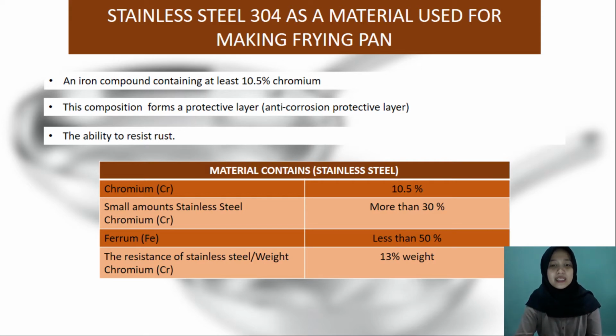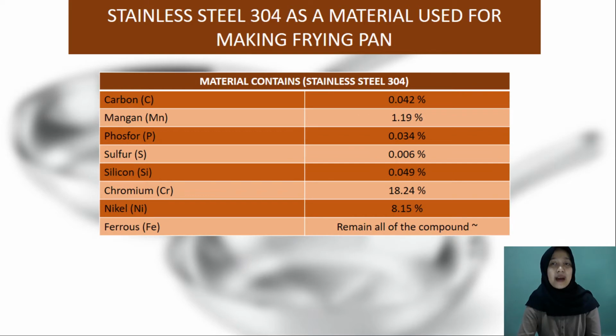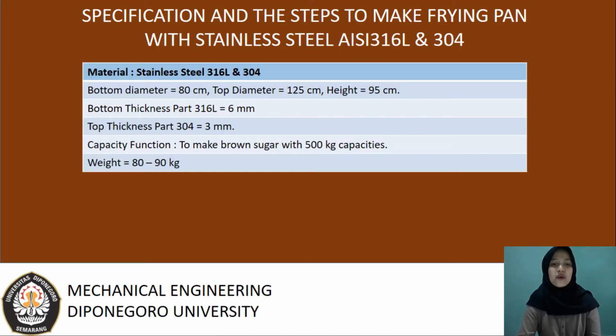So there are specifications we have to know, and steps to make the biggest stainless steel frying pan for making brown sugar. They are the bottom diameter, top diameter, and height. The bottom diameter is 80 centimeters, the top diameter is 125 centimeters, and the height is 95 centimeters.